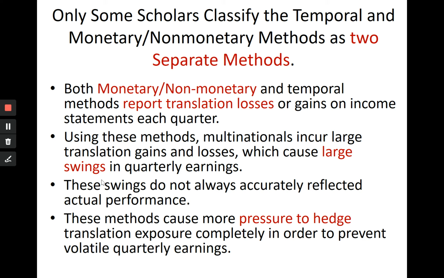The other point is something that I discussed at the beginning of these lectures. These three, or if you will, four methods have evolved over time because corporations have complained about how translation affects their bottom line, how it imposes extra risk on them.